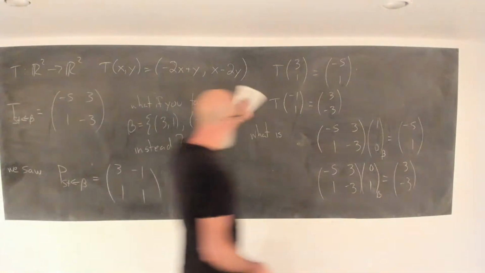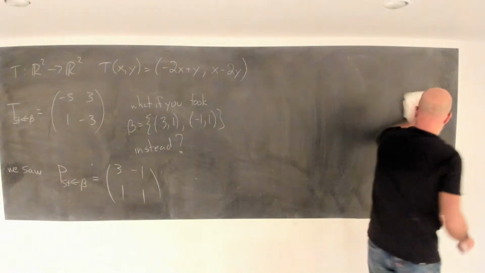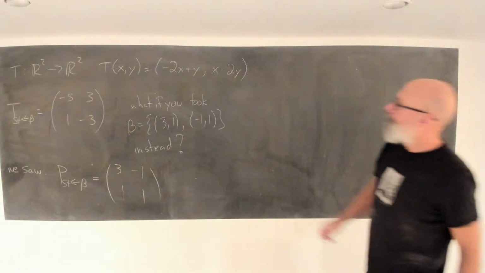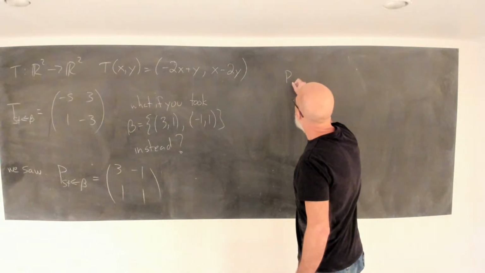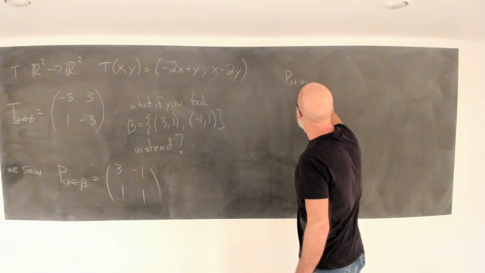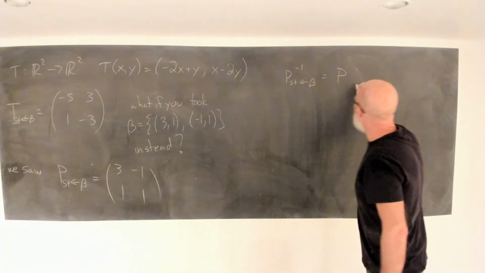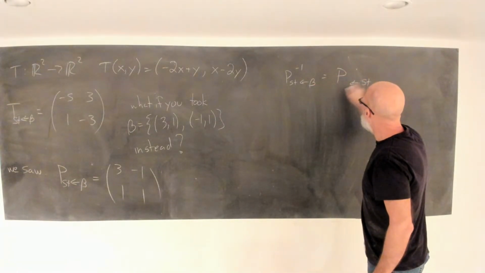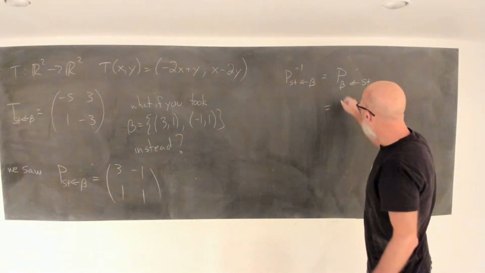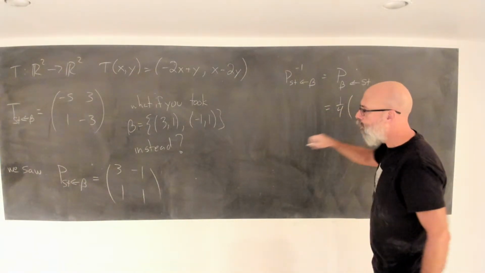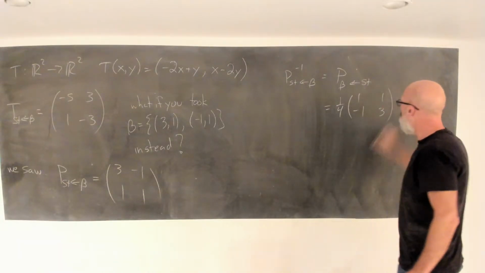So the inverse is the transformation from standard to B. And it's the inverse of that, which we had calculated to be 1/4, 1, 1, minus 1, 3.